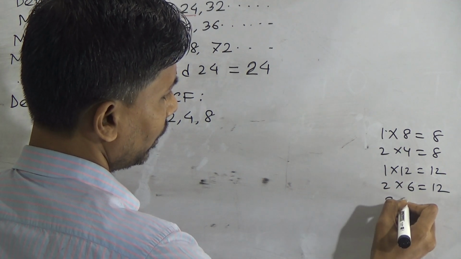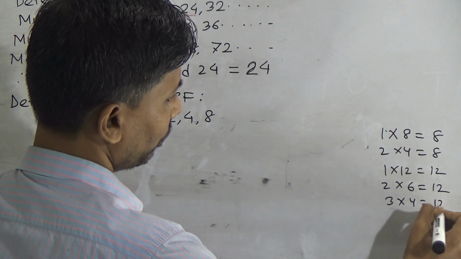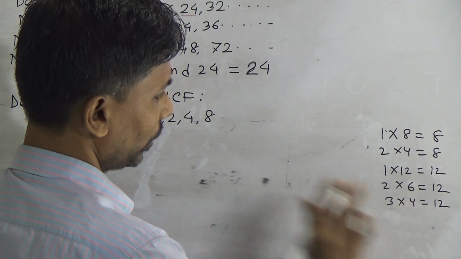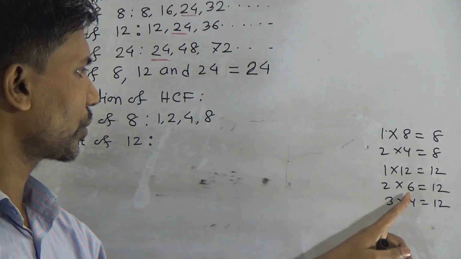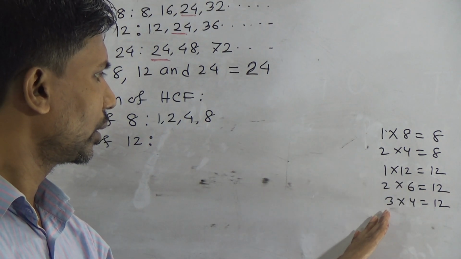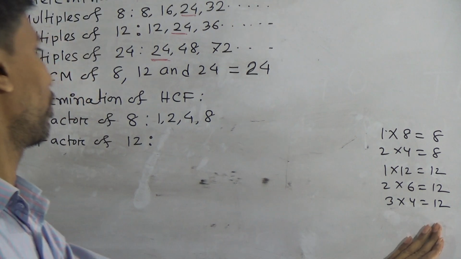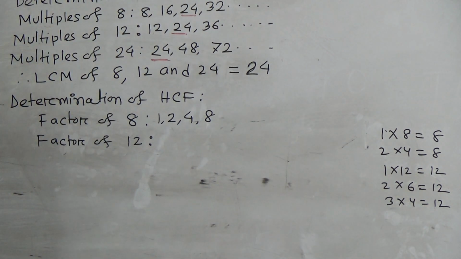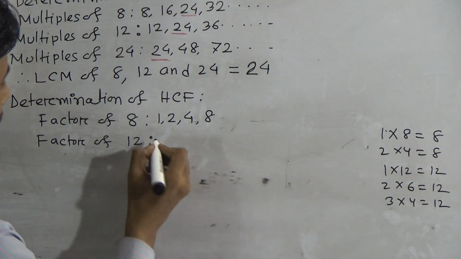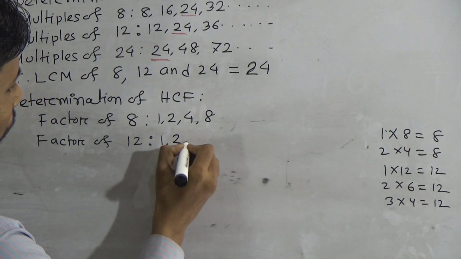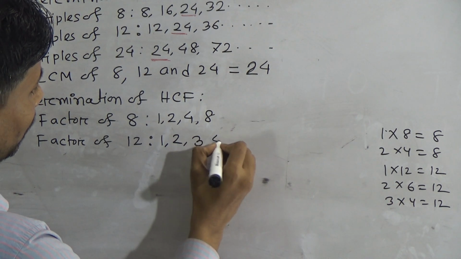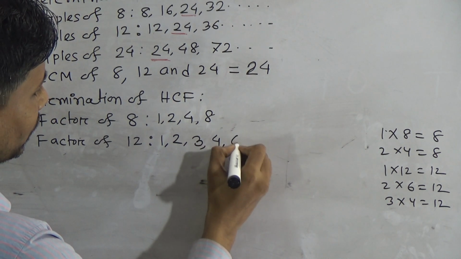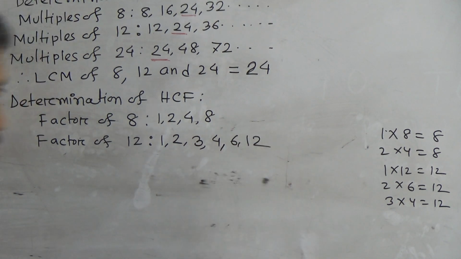Then 3 into 4 equal to 12. Therefore, the factors of 12 are 1, 2, 3, then 4, 6, 12. Okay, student? I hope you understood.